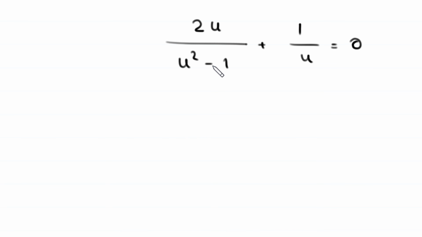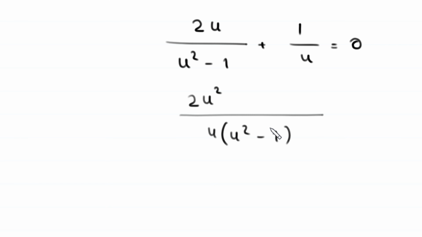Now we take the LCM of these two denominators. The LCM is u times (u² - 1). So 2u times u becomes 2u², plus 1 times (u² - 1), plus u² minus 1 equal to 0.